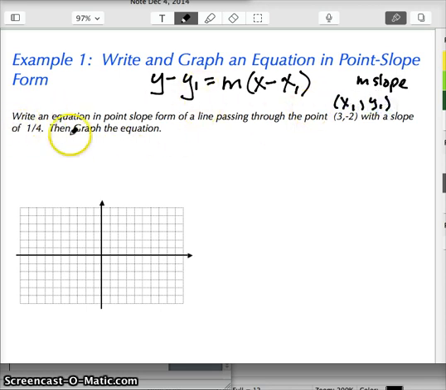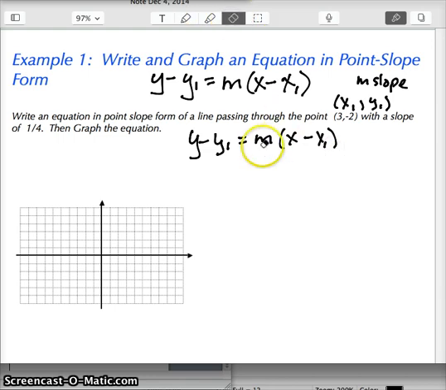So let's take a look. It says write an equation in point slope form of a line passing through the point (3, -2) with a slope of 1/4. Then we're going to graph the equation. So let's do it. The form is this: y minus y sub 1 equals m times x minus x sub 1. But what we're going to do is replace each of the variables that we have values for.